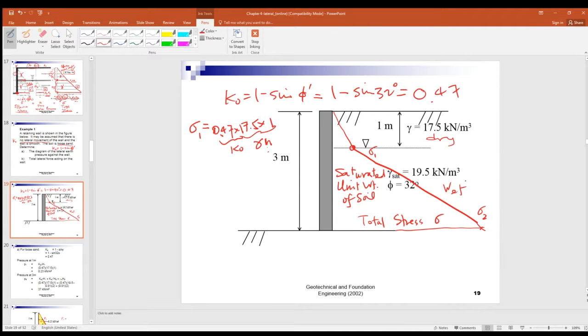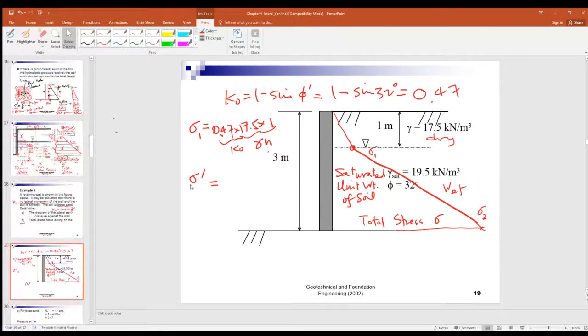Now what about sigma 2? What's the vertical stress there?